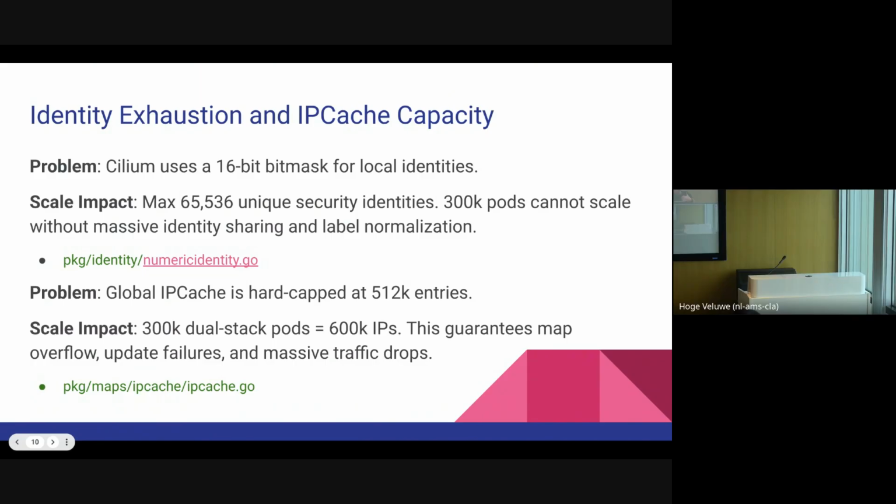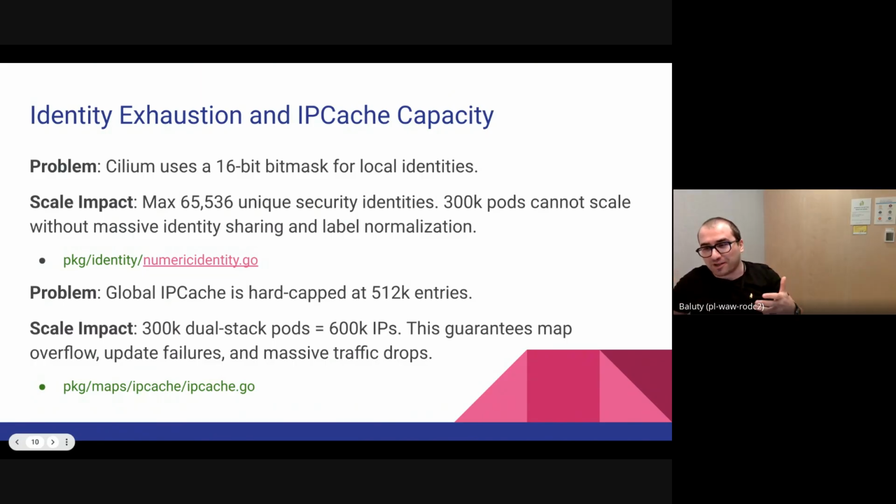Do you want to write? I doubt there are a lot of companies who want to have that many network policies. Maybe, I don't know, but in theory, this is the problem.